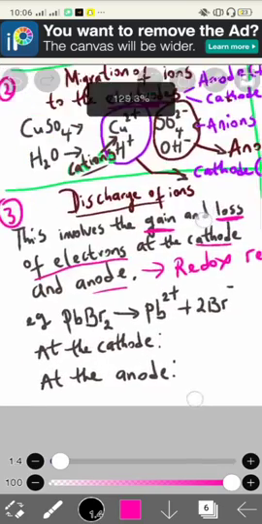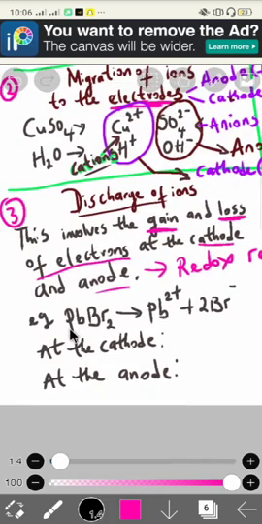So for an example, this is lead 2 bromide. This lead 2 bromide is in molten state. That is why we are not seeing any water being added. Don't forget. So this is lead 2 bromide.